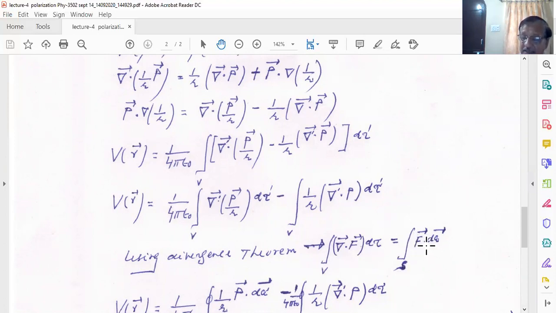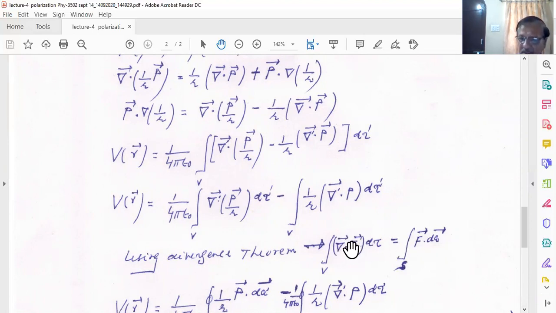Or you can say that the surface integration of any vector function F, it may be the electric field or the magnetic field, taken over the entire surface is equal to the volume integration of the divergence of that vector function taken over the volume enclosed by the same surface.